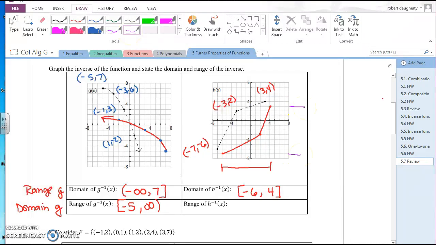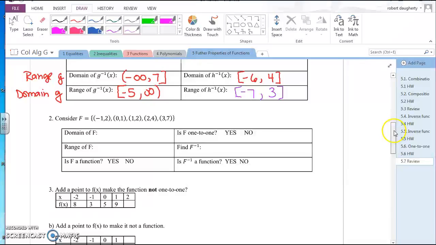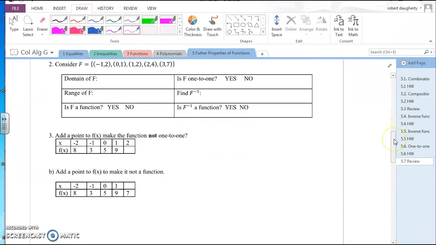So y values are from negative 7, and the highest one I see is a 3. So negative 7 to 3 is the range of H inverse. So just keep straight the function and its inverse. We flip the role of x and y, and then you should be able to look and find the domain and range.